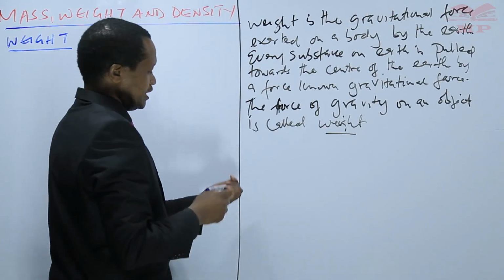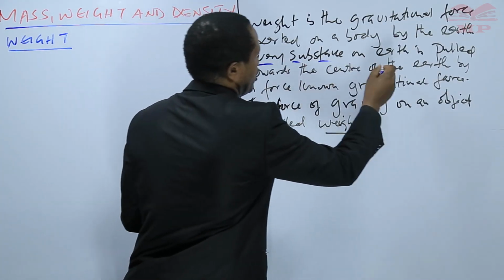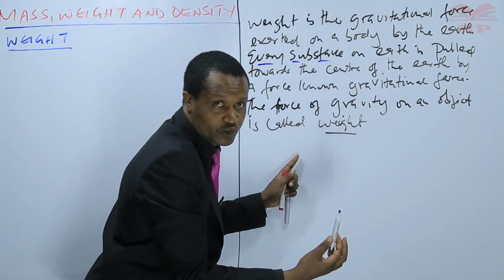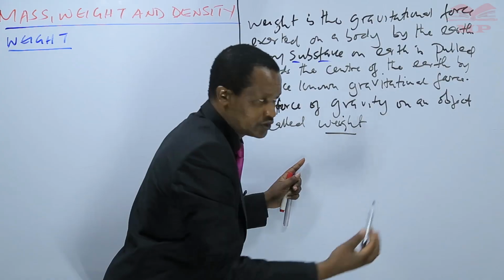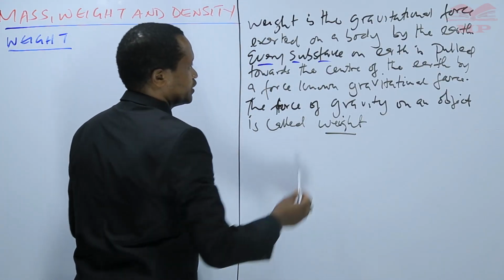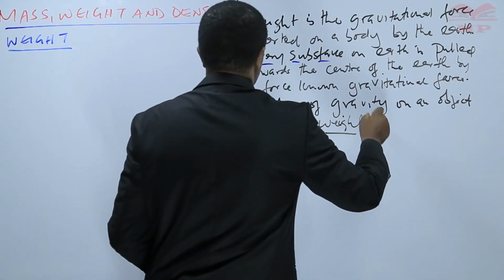We said every substance on earth is pulled towards the center of the earth by a force which is known as the force of gravity. So the force of gravity on an object is called weight.